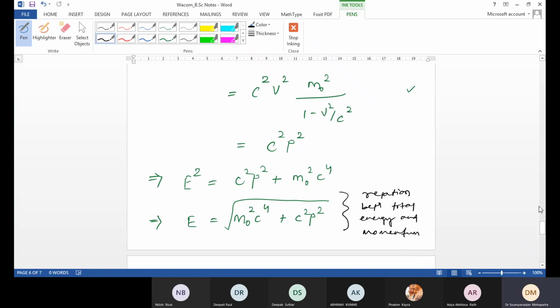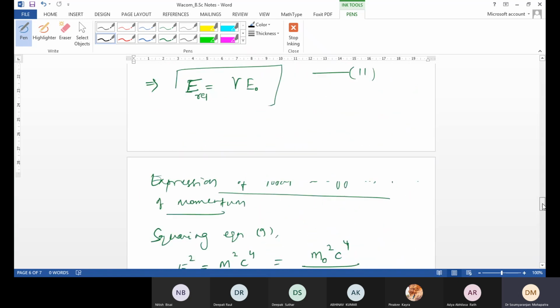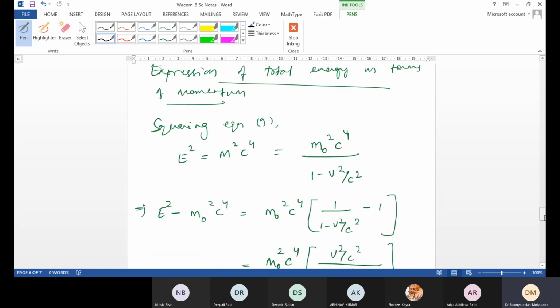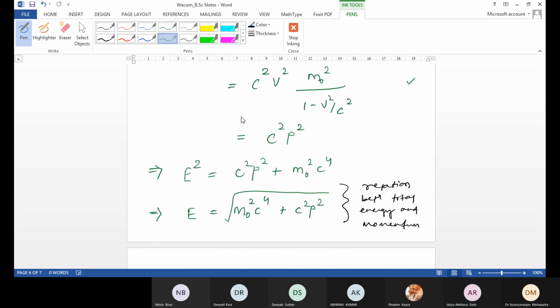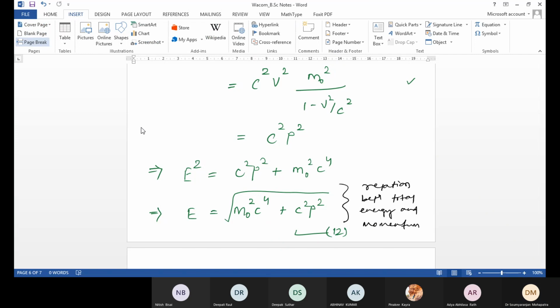You can give some equation number. What is the continuing equation number here? After 11, this was 12. Yes, anybody telling anything? 12. Okay, yes. Equation 12, right. So now we will see it for a massless particle.